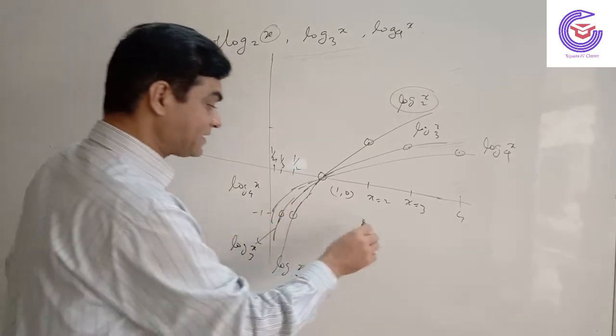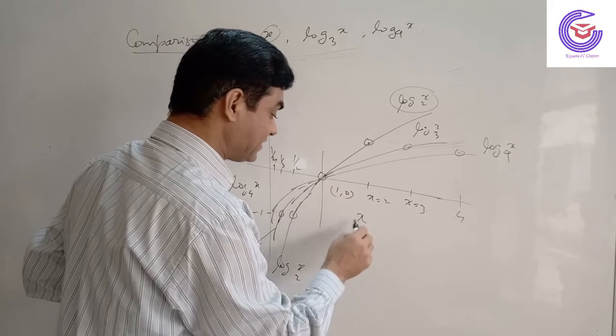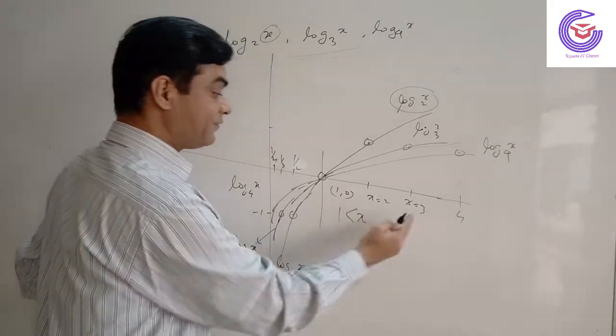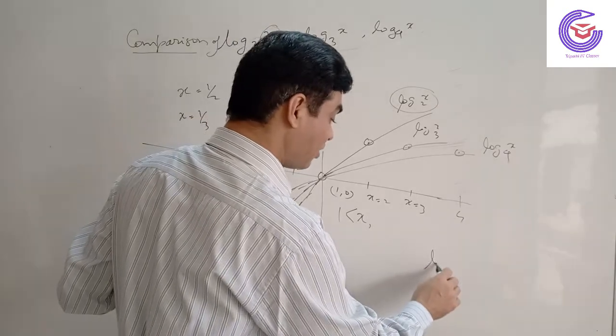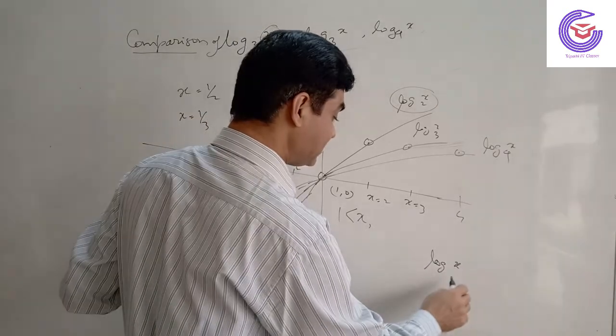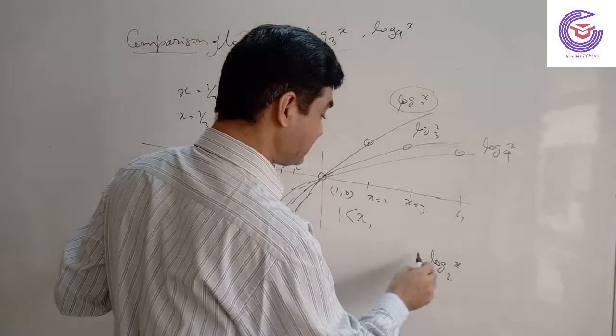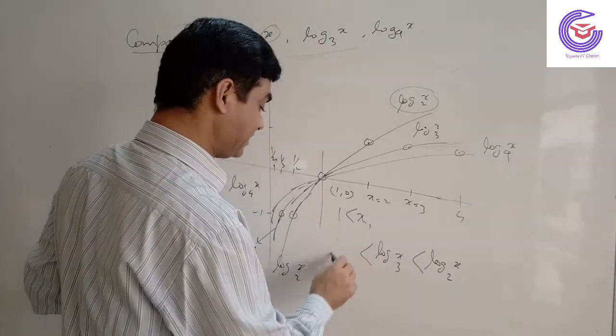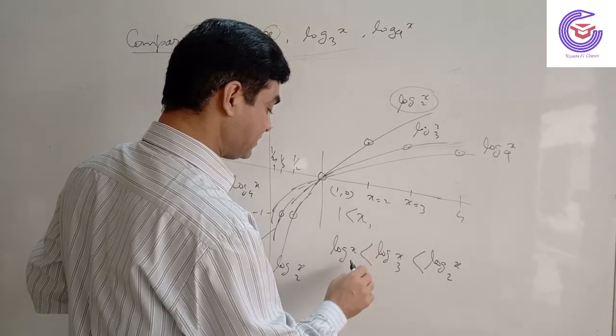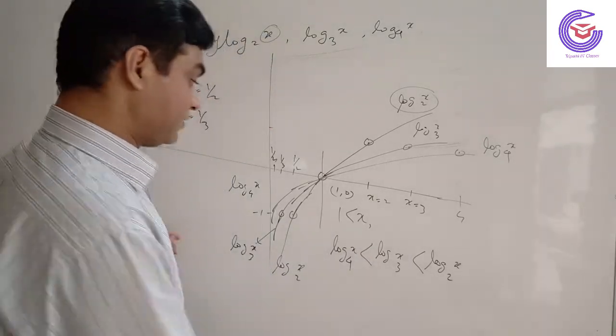When x is greater than 1, after this, what condition are you noticing here? You notice log x base 2 is greater than log x base 3, which is greater than log x base 4.